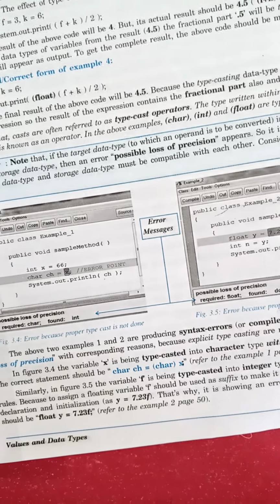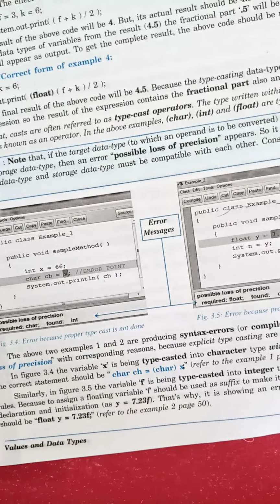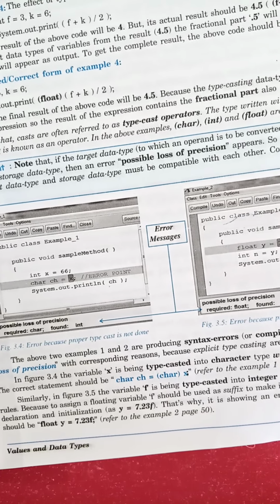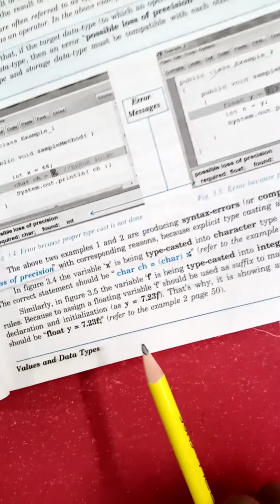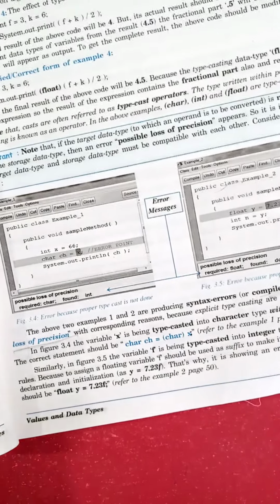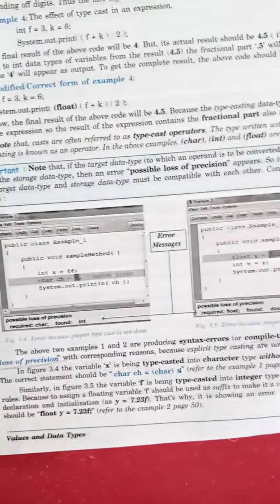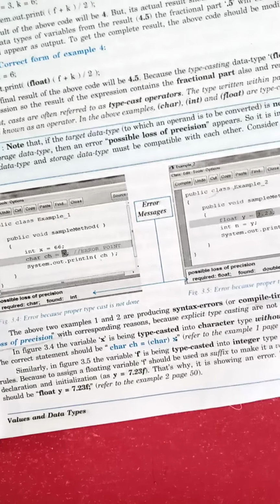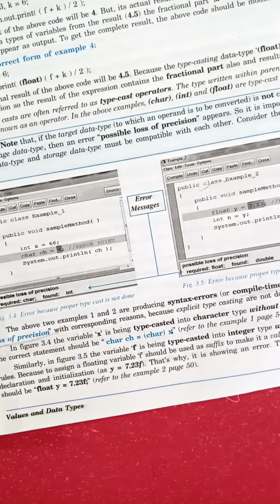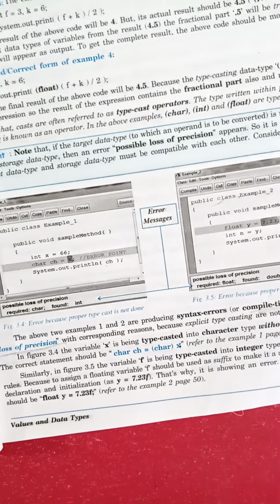Why? The capacity of double is more than float, so you will lose data. There is the possibility of loss of precision, so the compile time error will be: possible loss of precision. If you don't do proper typecasting and try to store the double within float, you will get an error.